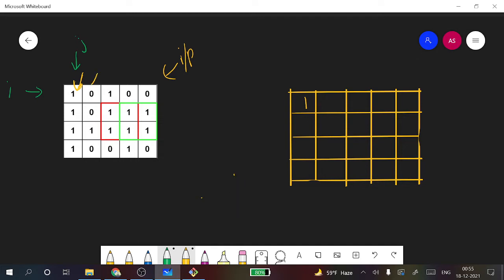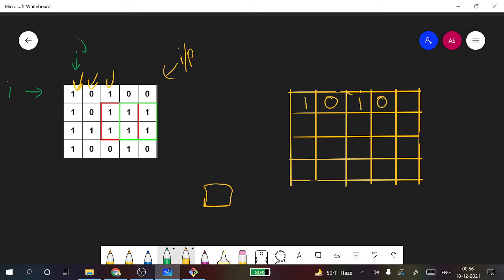Now the second element has 0. Since we cannot consider this 0, we'll simply write 0 here. Now for the third one we have 1, so we can consider this, but the upper one is empty and the diagonal is empty, so we cannot expand, and we'll write 1 here.